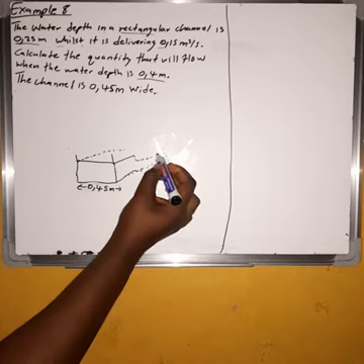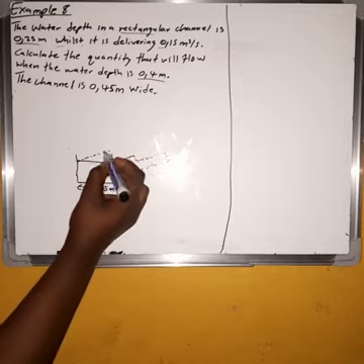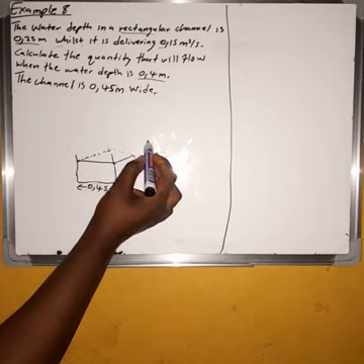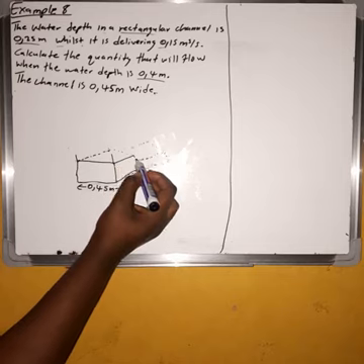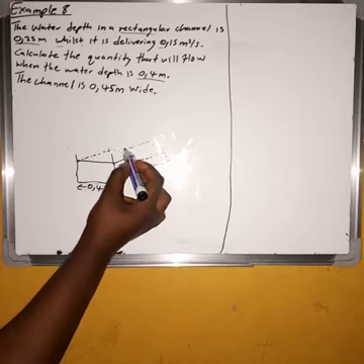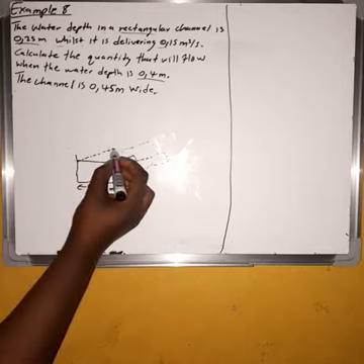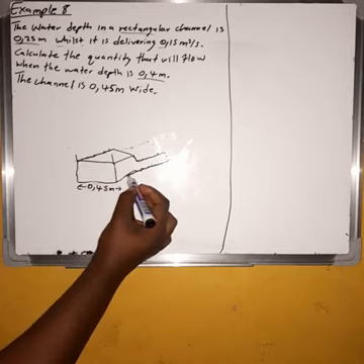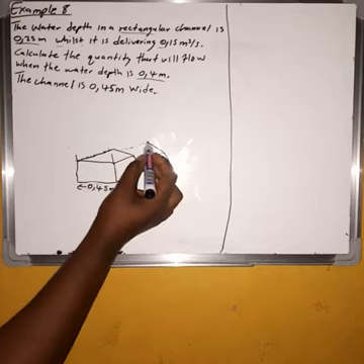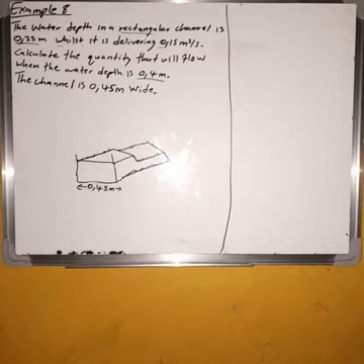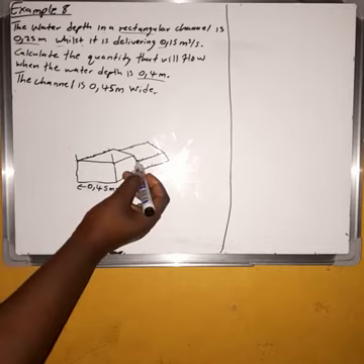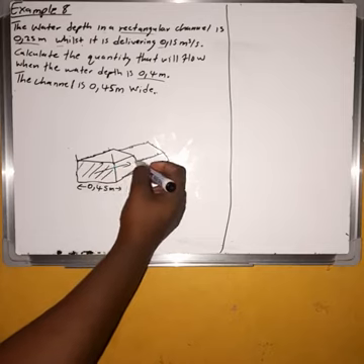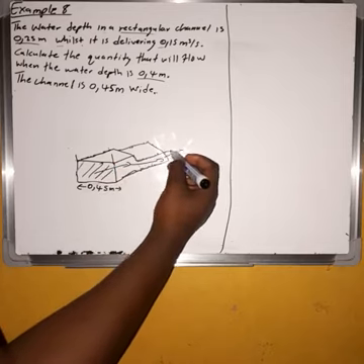The water travels in that direction. What is the depth here? This is still the pipe, and it goes on and on like that.